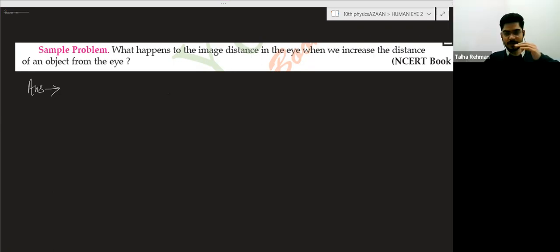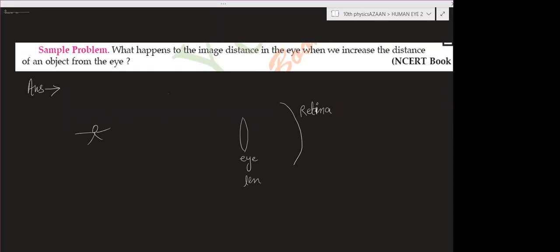See, you have an eye and you have an eye lens like this. This is the eye lens, no? And somewhere here will be the retina. No matter where the object is, there will be no change, I think.